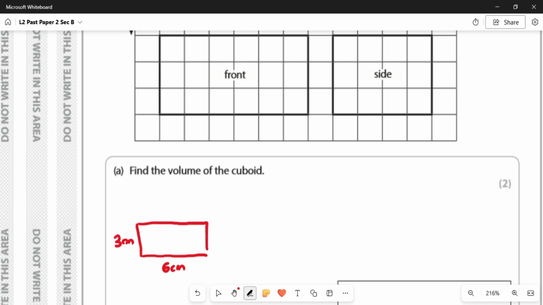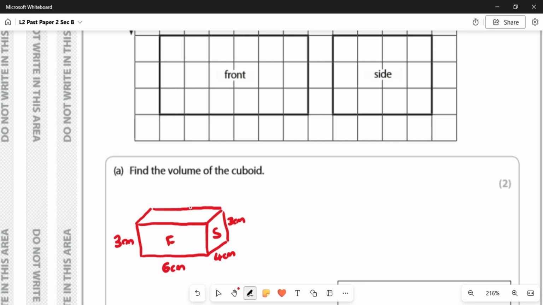There's the front, and then for the side, 1, 2, 3, 4, going into the page, going this way. Yeah, and then you can just draw the 3D shape. So that's what it looks like. That's the side. Obviously that's 3 as well there.